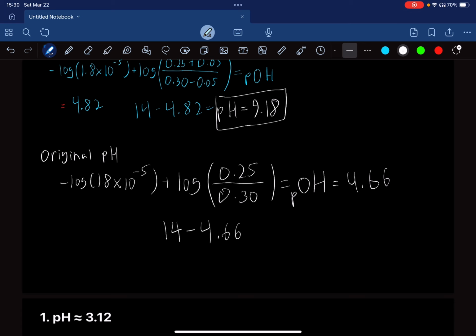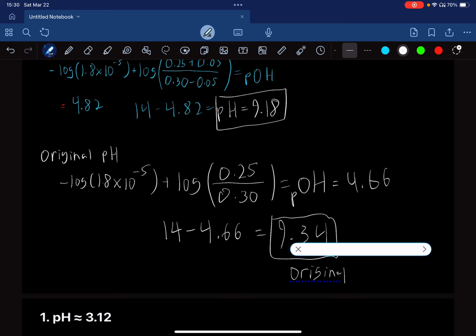9.34. So as you can see, the change of our original pH is very small. It's about, let's see, 9.34 minus 9.18. Yeah, it's 0.16.